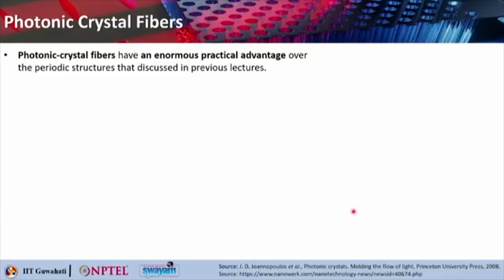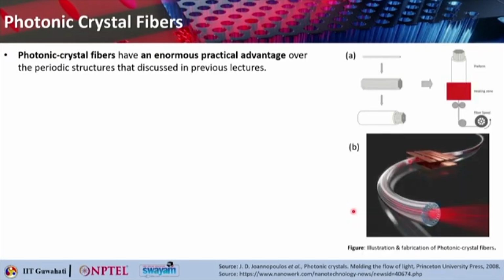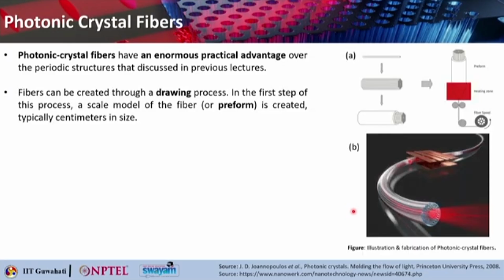You can see the photonic crystal fibers, especially the holey core fibers, have enormous practical advantage over the periodic structures that were discussed in the previous lecture, because fibers can be created through a drawing process. In that process, the first step is to make a scale model of the fiber, which is known as a preform, typically centimeters in size, like this.